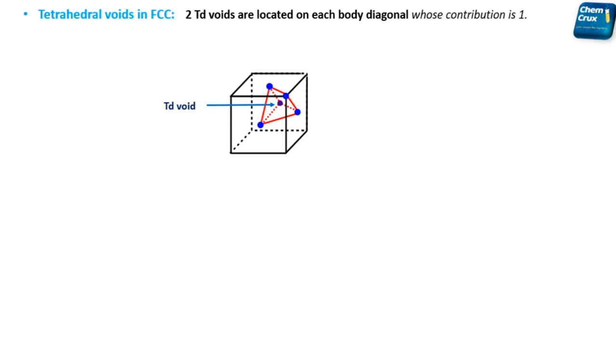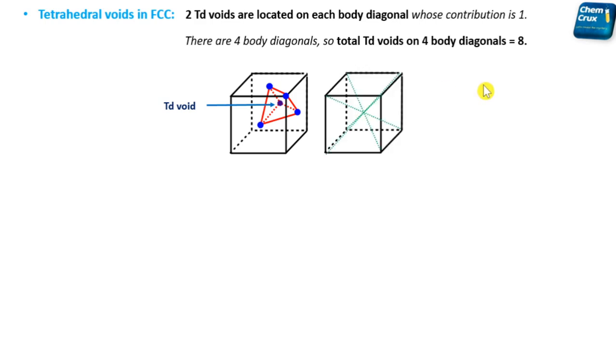Now there are 4 body diagonals in a unit cell, like this. We can see the 4 body diagonals. Now in this body diagonal there are 2 tetrahedral voids, one that I have shown here, this one, and the other one, as I said, will be on the other end of the body diagonal.